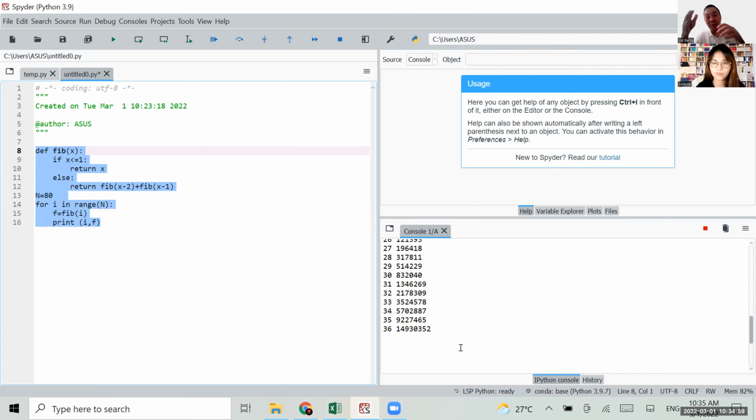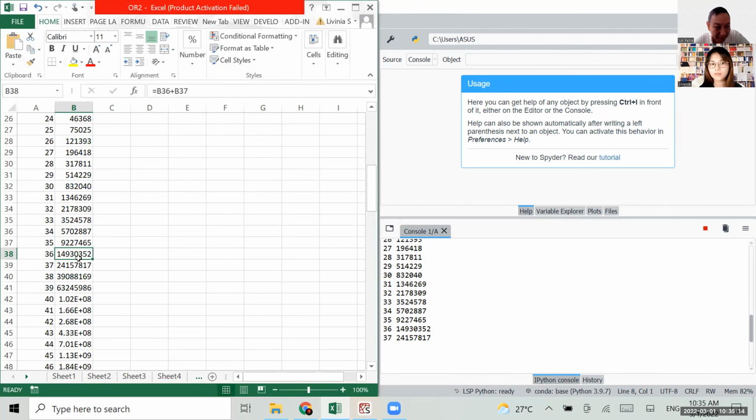And not only slow, probably you cannot solve it because your memory is not enough. Okay, up to 37 only. So I think up to 37 still correct. At 78 probably is incorrect. Wow, become too slow, right?